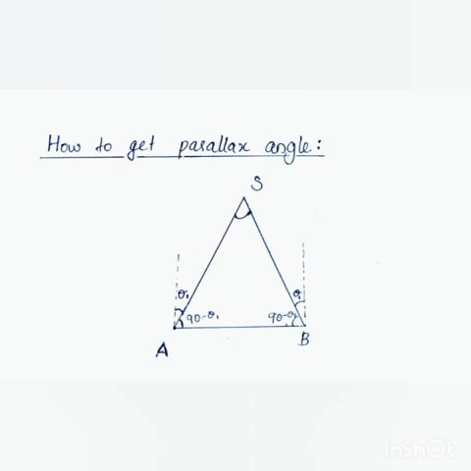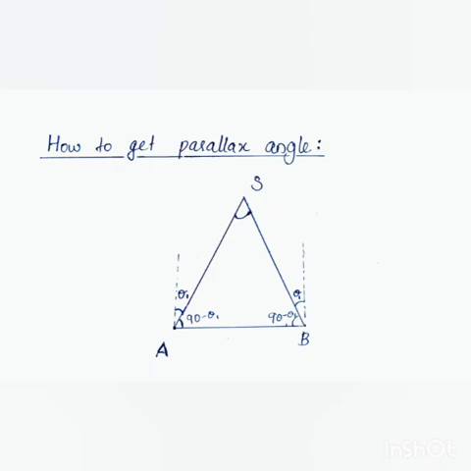By knowing the angle theta 1, we can get the angles A and B in the triangle that we consider, and which will help us to get the angle ASB, which is the parallax angle. We know that the total angle in a triangle is 180, and by using that concept and knowing the angle theta 1, we can get the parallax angle.